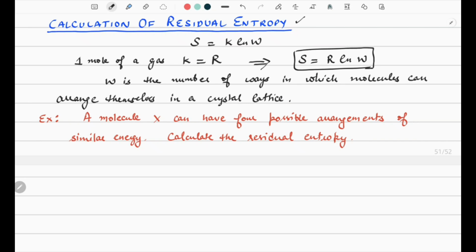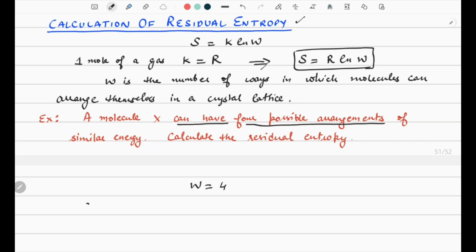Now, for a sample problem, a molecule X can have 4 possible arrangements of similar energy. The problem is calculate the residual entropy. So, what we need to focus on is the molecule can have 4 possible arrangements. That means we are given W is equal to 4.